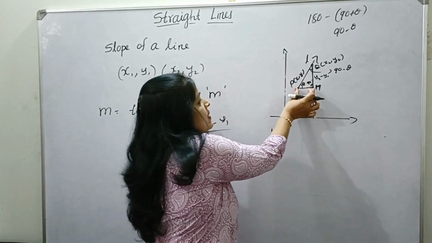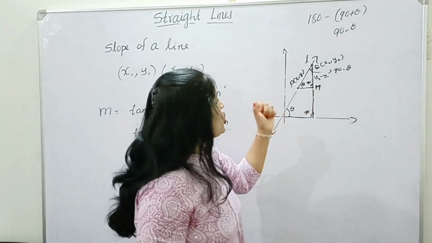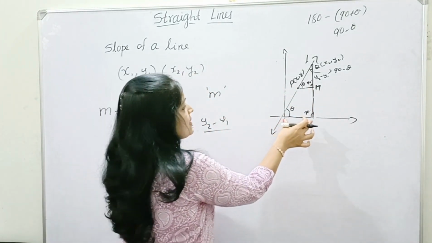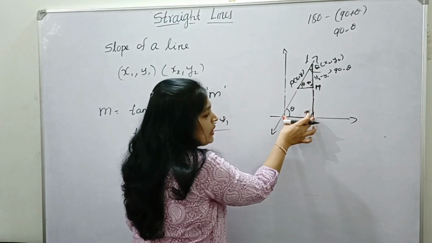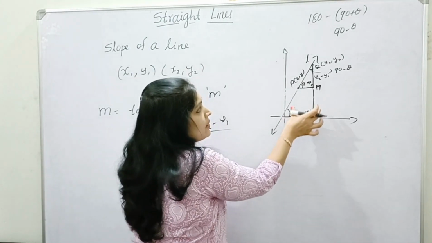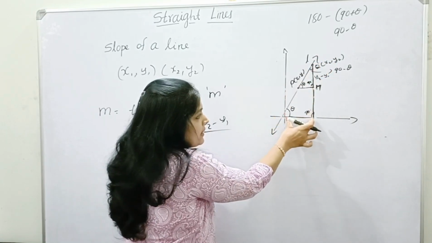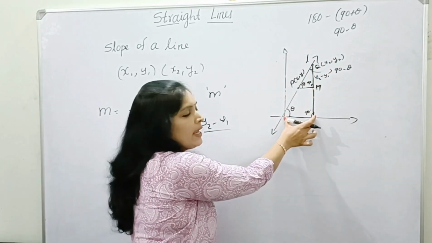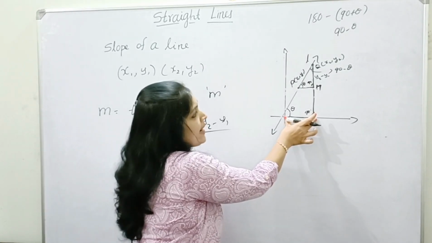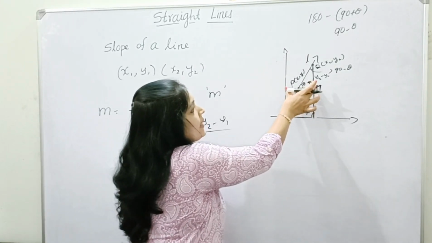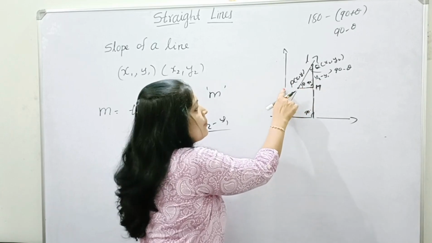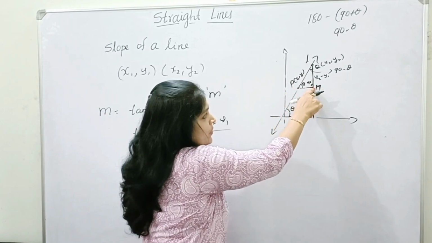next we have to find MP. So what is MP? We know that this length from the origin to here is x2, right? This point is x2, that means this distance is x2.